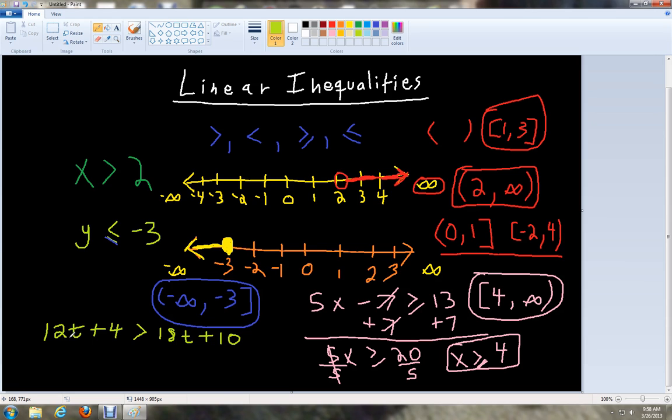Okay, so what we'll do is we'll get the 18t over with 12t, so we have to subtract that from both sides. Right, so those 18t's will cancel. And then we're left with 12t minus 18t is negative 6t. Negative 6t plus 4 is greater than 10.